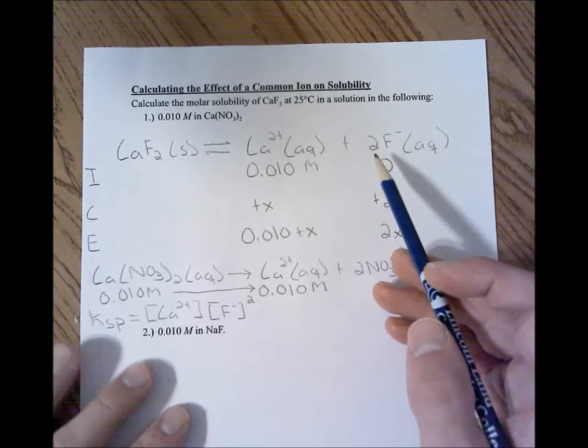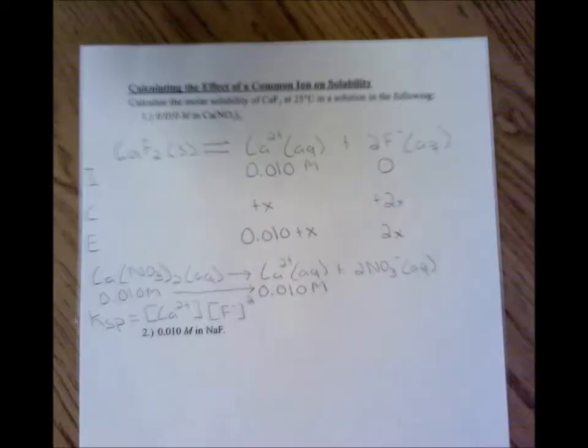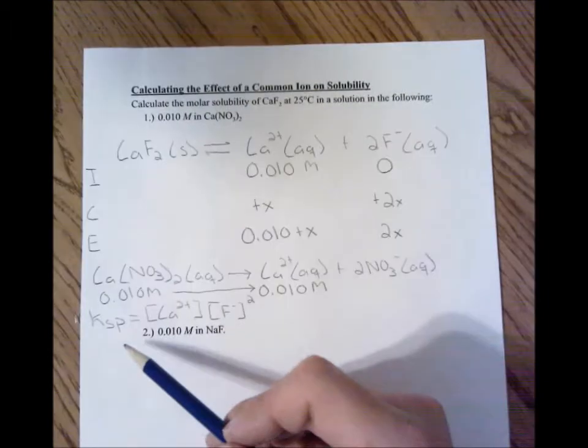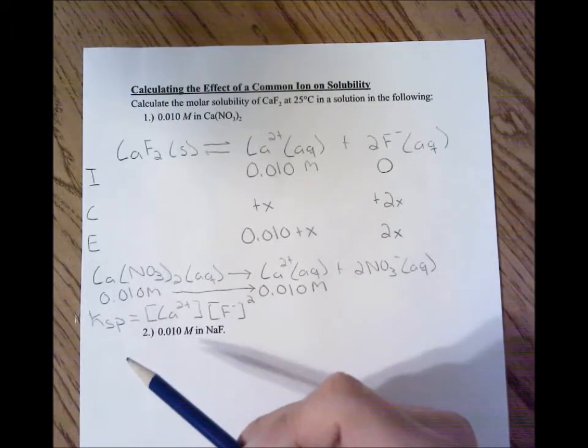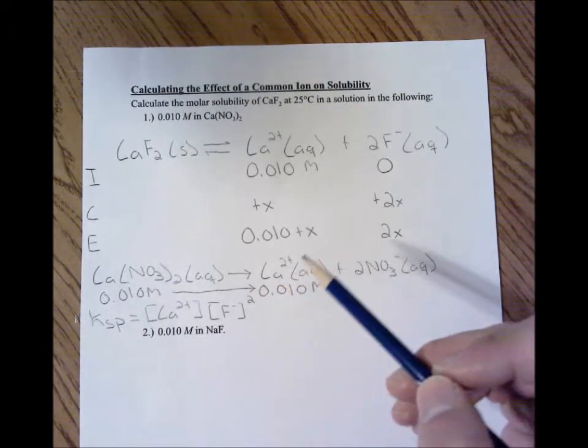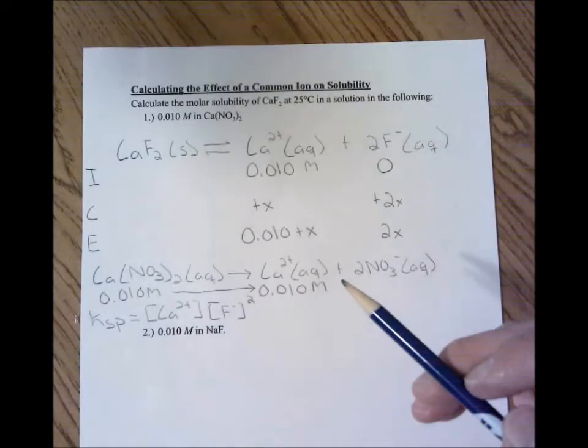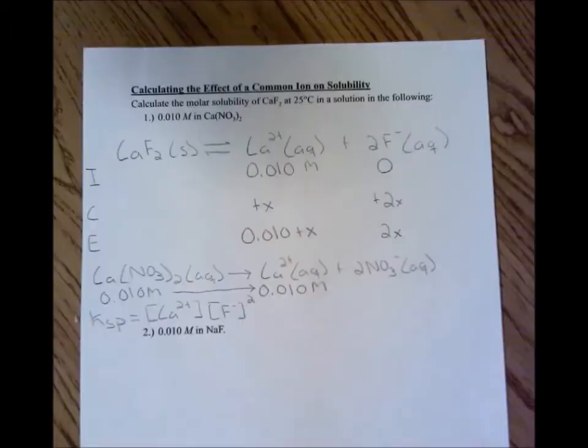So what we are going to do is look up the value for KSP via the textbook, and solve for the molar solubility of our calcium fluoride. So let me grab another sheet of paper. I don't want to squeeze this into a place where it shouldn't be.